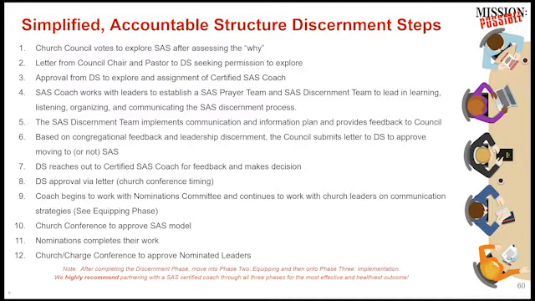So we ask that you get in contact with your district superintendent when you're exploring. Don't wait until you are ready to go into the model, but be in conversation with your district superintendent when you are exploring even the model, so that you can go through all 12 steps of discernment.